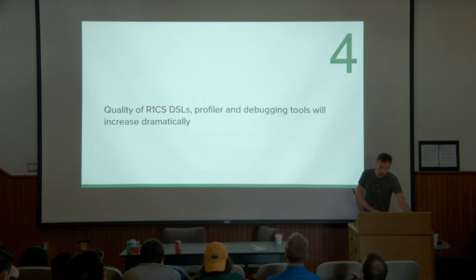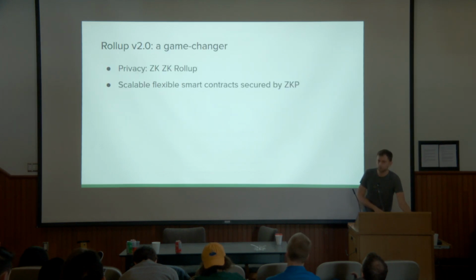And finally, because of all of this and increased interest in the subject, we expect that the quality of the DSLs, profilers, tools, and developer frameworks is going to increase significantly, such that we will be able to build quite some amazing stuff. I think it's going to be a game changer in the years to come. We will have arbitrarily smart contracts, and these smart contracts will also have privacy properties.